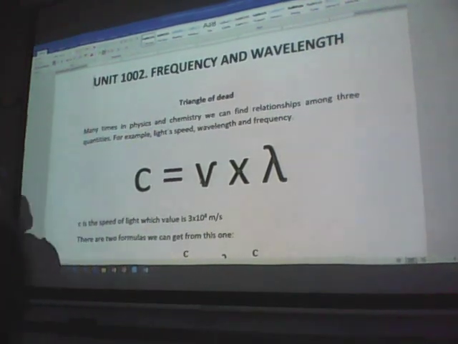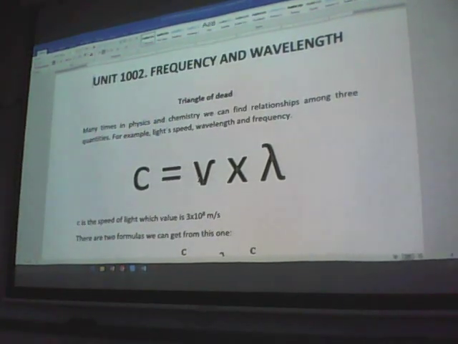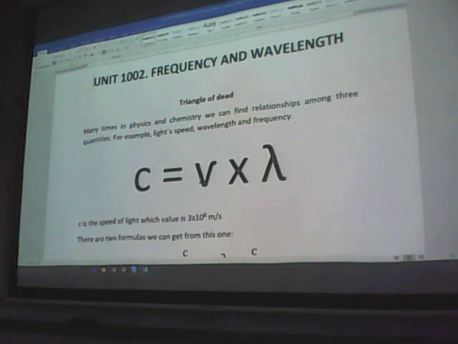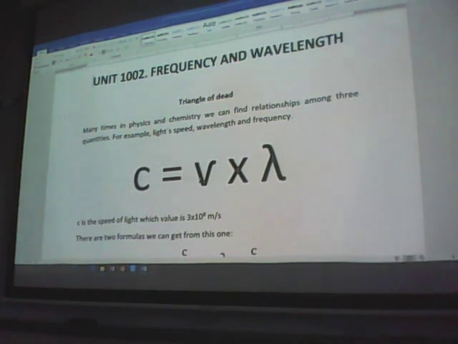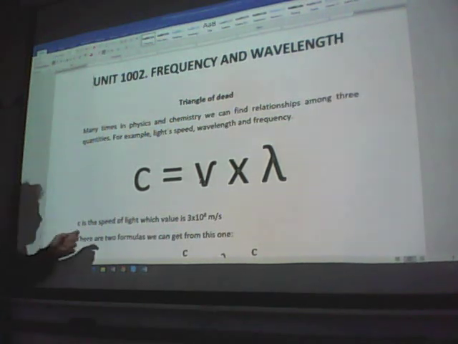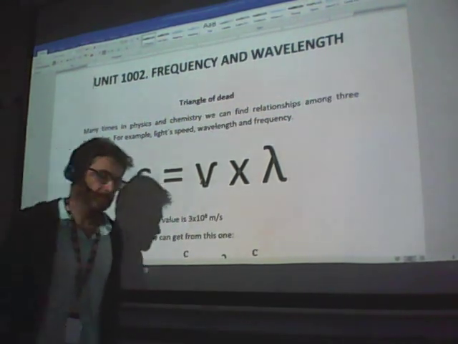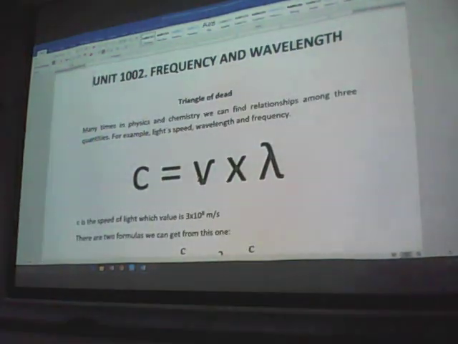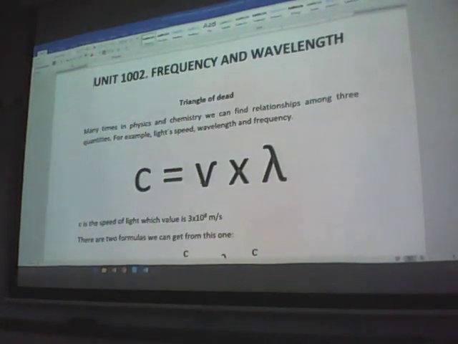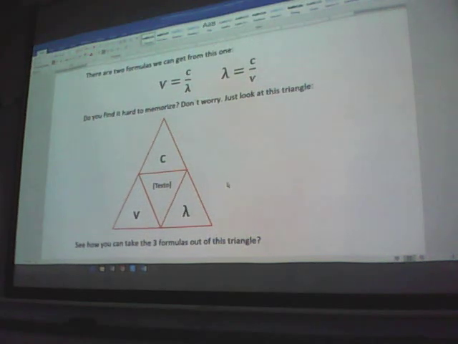The speed of light is 3 by 10 to the power of 8 meters per second. Pretty fast. And from this formula, you can derive the formulas to get the frequency and the wavelength, okay?